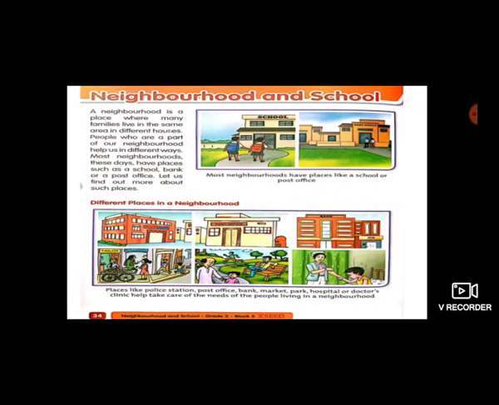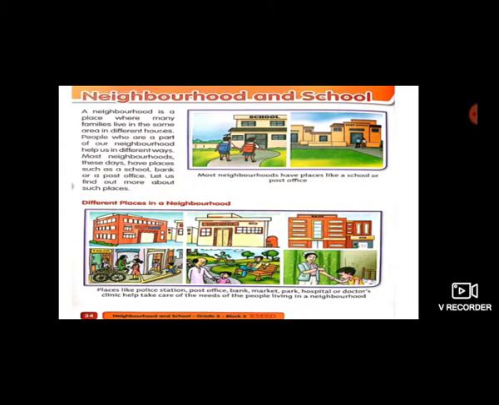See, neighborhood is a place where many families live in the same area in different houses. People are a part of our neighborhood, help us in different ways. Most neighborhoods these days have places such as schools, bank or a post office. Now let's find out more about such places.